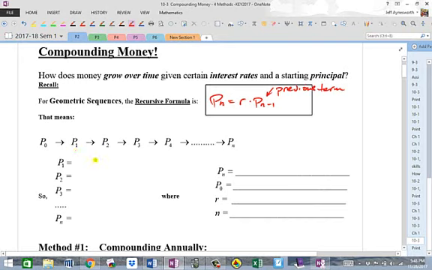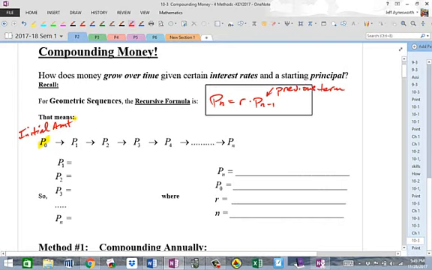We have to understand that p sub 0, which we initially called the seed, is the initial investment or the initial amount.